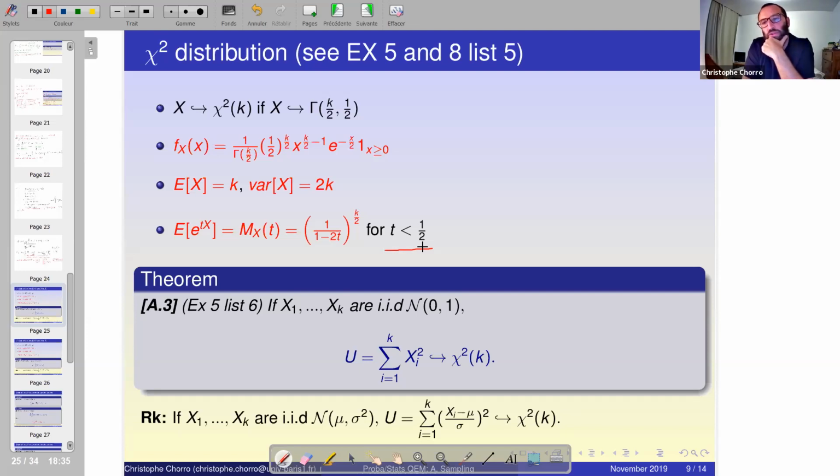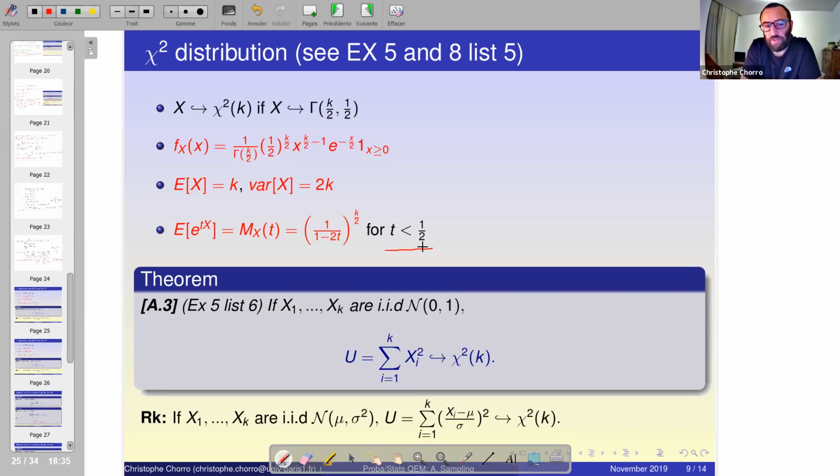I can obtain a chi-square of parameter k from the sum of the squares of k independent N(0,1). It's an equivalent way to define a chi-square of parameter k. You can define it by its moment generating function, you can define it by its density function, or you can define it as the sum of the squares of k independent N(0,1), okay?